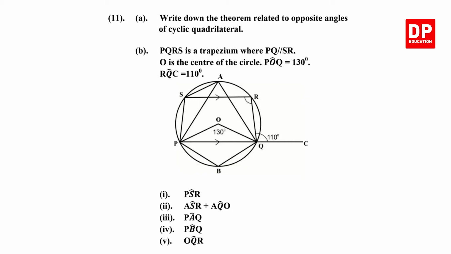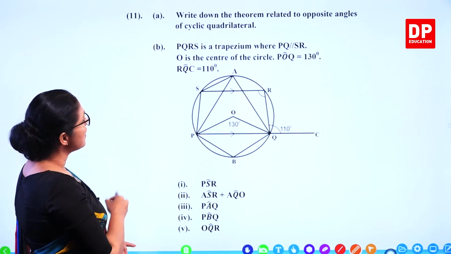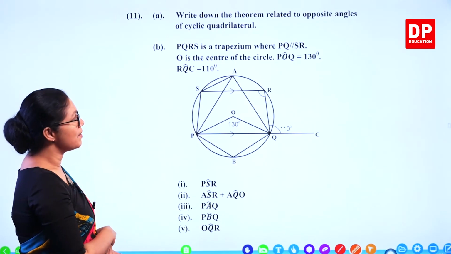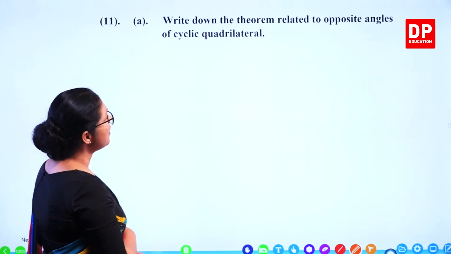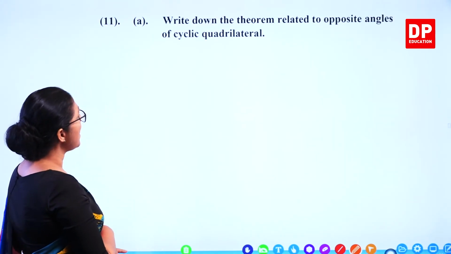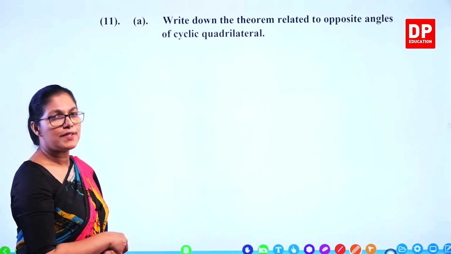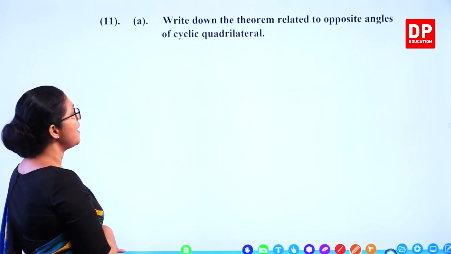Question number 11, again you have to find out some angles using circle theorems. Write down the theorem related to opposite angles of cyclic quadrilateral. Opposite angles add up to 180.